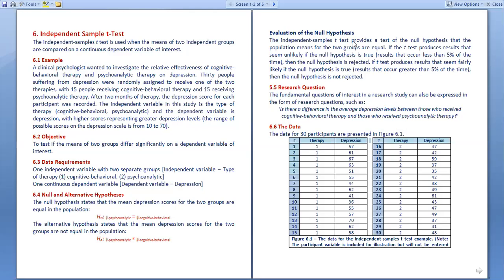So the research question which we'll have is: is there a significant difference in the average depression level between those who received cognitive behavioral therapy and those who received psychoanalytic therapy? So that is what the research question is.